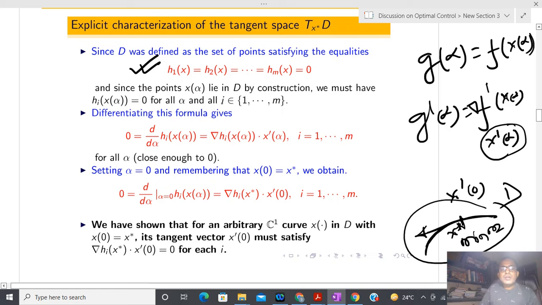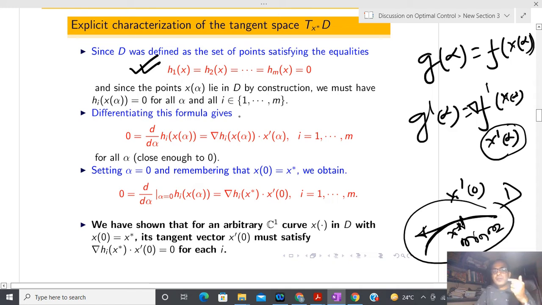Since this constraint is satisfied, and x alpha passes through this minima, at the same time x alpha also satisfies this constraint. Why am I claiming that? Because I have to make sure that x star is the minimum of the function, and x star also satisfies the constraint.